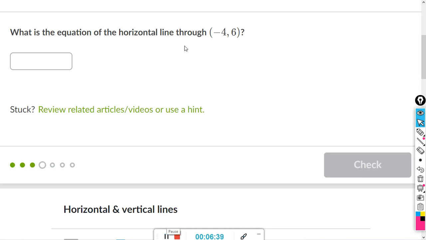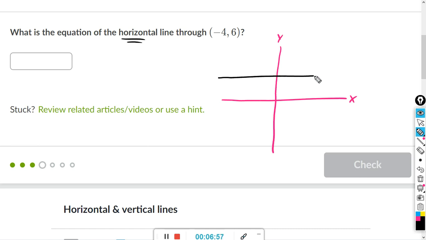Okay, what is the equation of the horizontal line through this point? Let's see. If we had a graph with x and y axes, a horizontal line would go from left to right, like this. Since it crosses the y-axis, this point here would be the equation. It would be y equals some number. But it says it passes through this point.